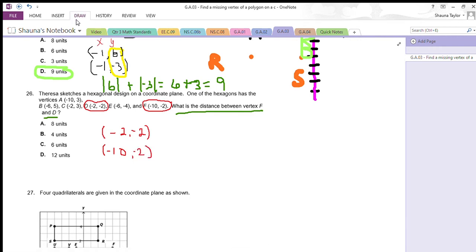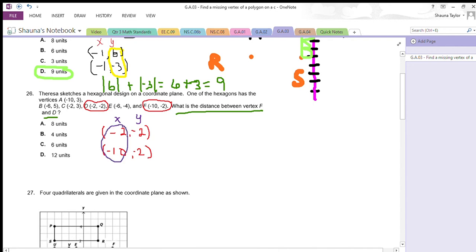So by now you should be able to see your x coordinate and your y coordinate. Remember, this is your x coordinate and this is your y coordinate. So you're going to notice that your y is the same number. They're both -2. You don't want that. You want the ones that are different. So the -2 and the -10 are different.